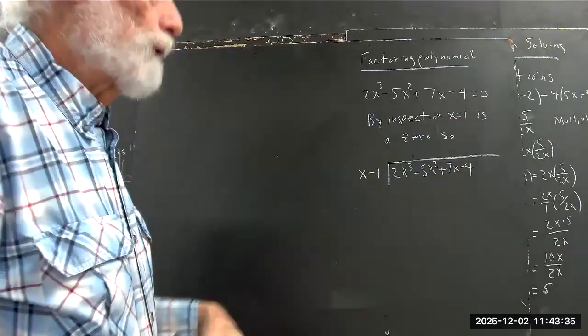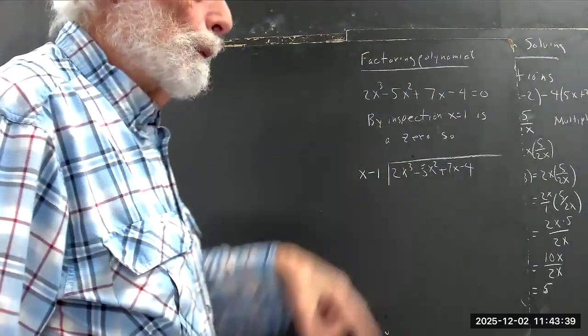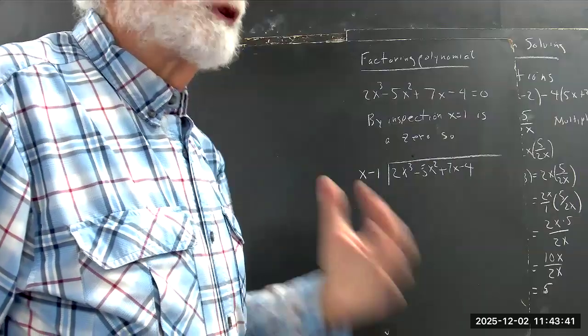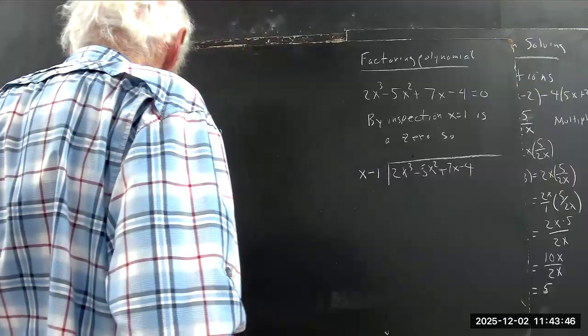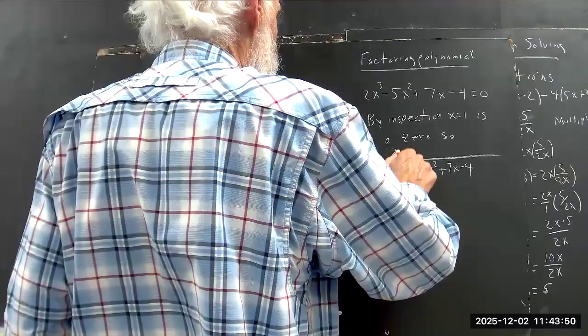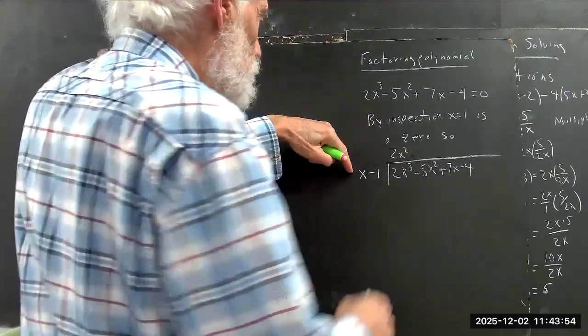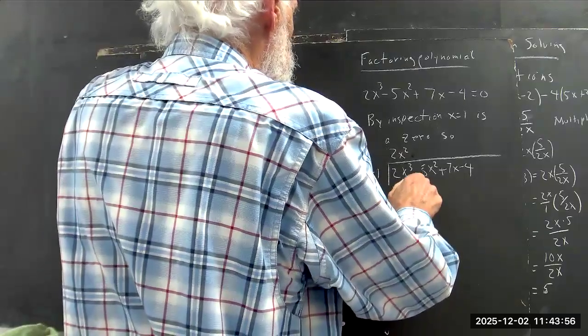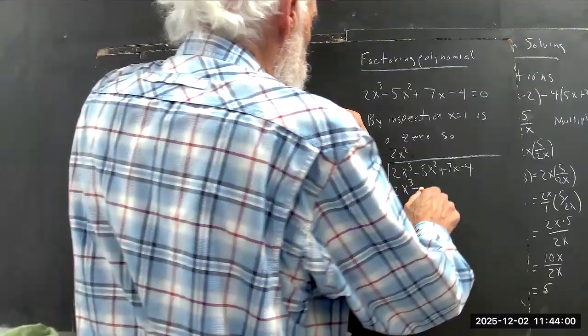You do long division, x minus 1 into this thing, and you're going to come out with a quadratic, which you can solve. You don't even have to factor it. You have the quadratic formula. So multiply 2x squared by x, we're going to get 2x cubed. But then we also have to multiply it by the whole x minus 1.